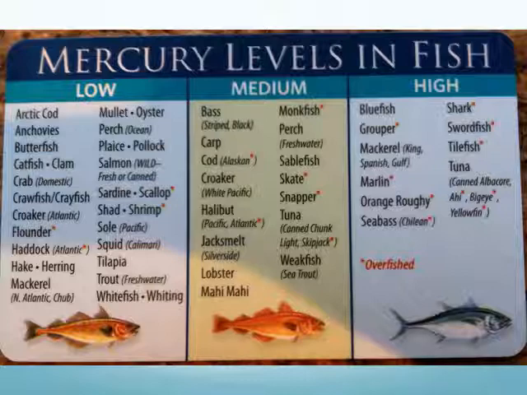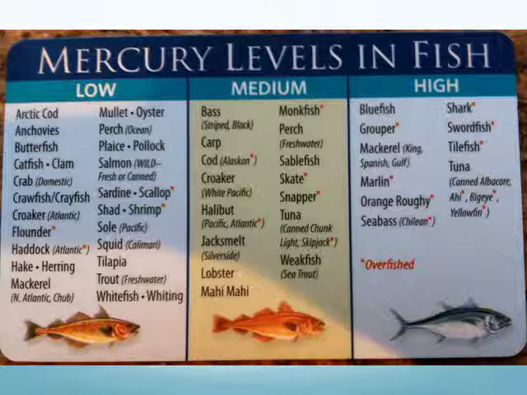Typically, there is no limit on the amount you can eat from this category. The only thing to keep in mind is the organisms that have a red asterisk at the end of them. Those are the ones that are overfished in the wild.